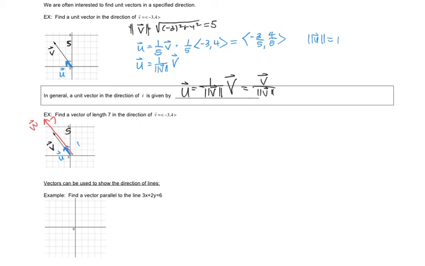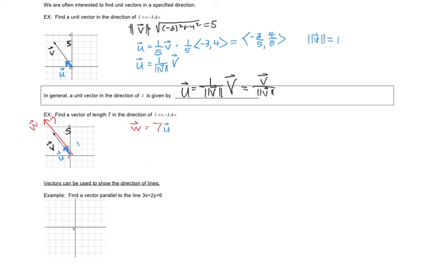Well, I shouldn't say easiest, you can go straight from v to w. But typically it's easier to go from v, find a building block of length 1. From length 1, from the blue vector, how would we get the red vector? Vector w is just going to be 7 times vector u.